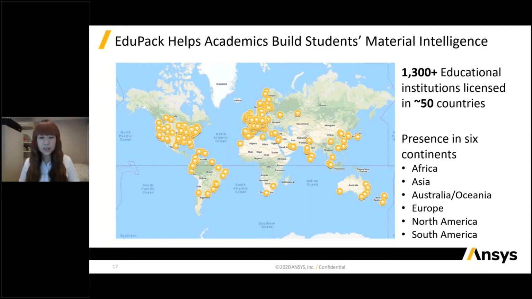We can see from the map shown on the screen that we have a major presence in North America and in Europe. And currently, we are also experiencing fastest growth in Asia. So in summary, there are over 50 countries around the globe and over 1,300 educational institutes using Granta EduPack supporting their materials education.